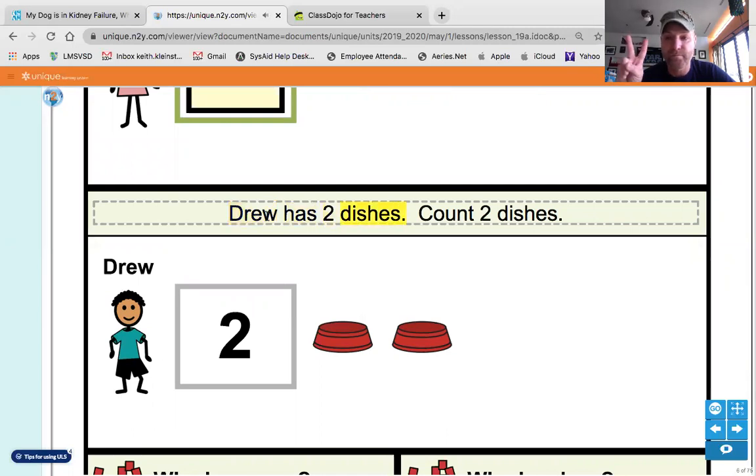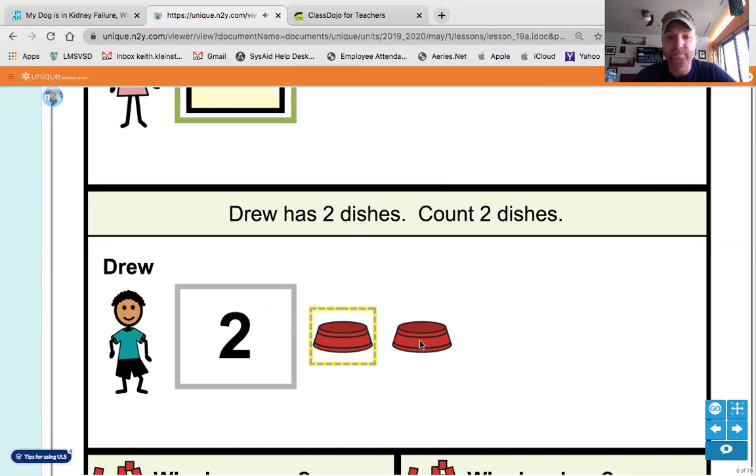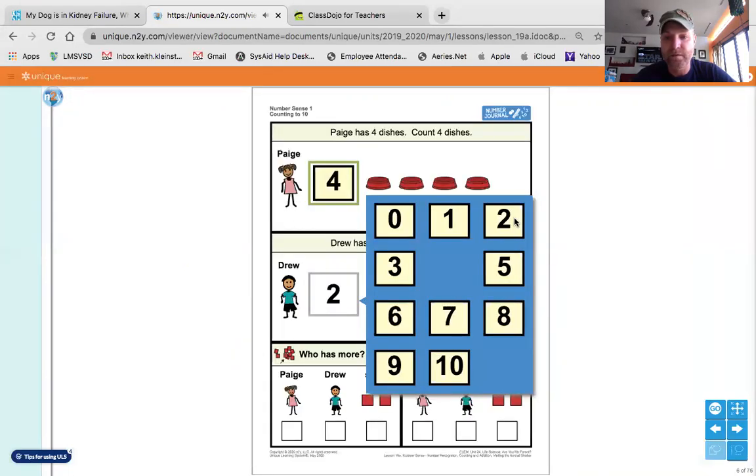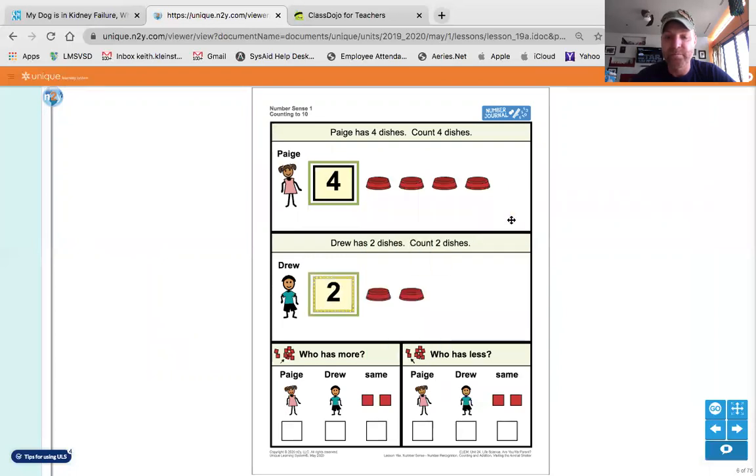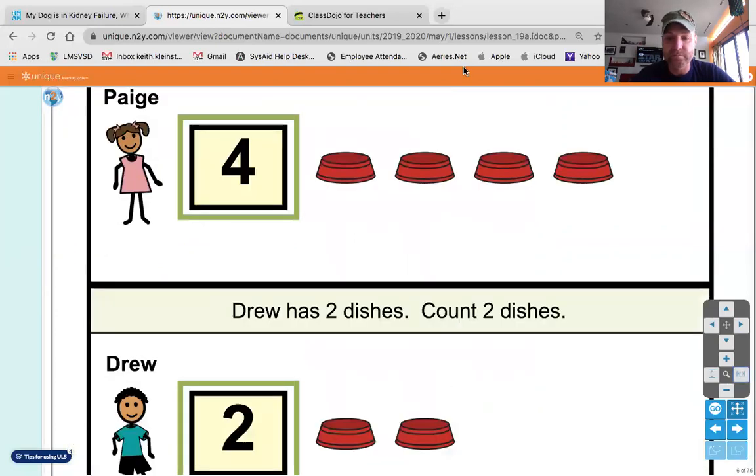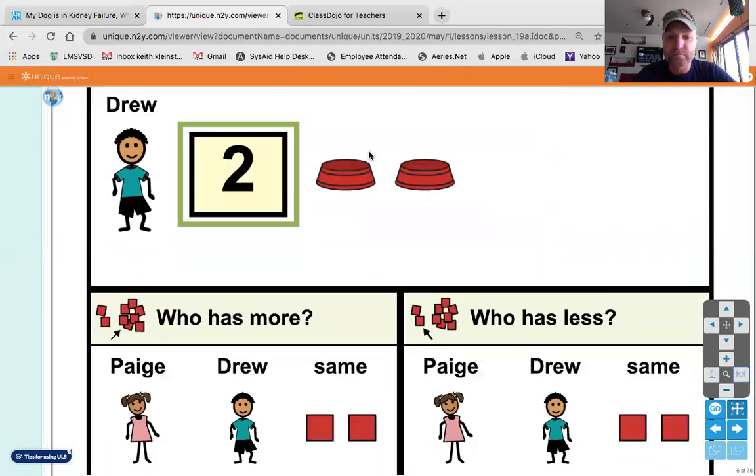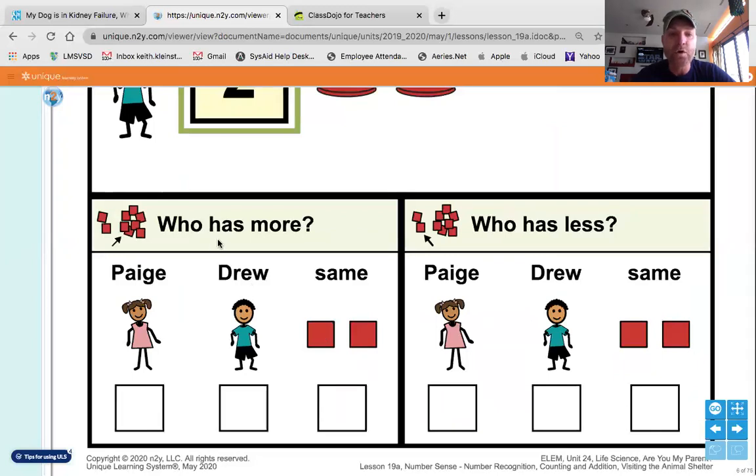Drew has 2 dishes. Let's count them. 1, 2. Let's match the number. 2. Okay, who has more, Paige or Drew?